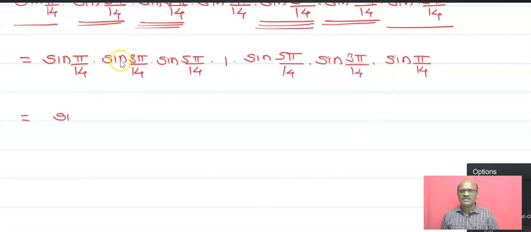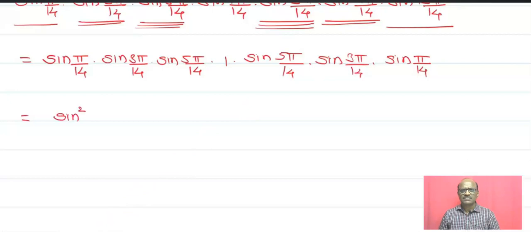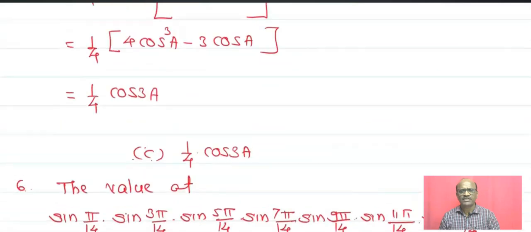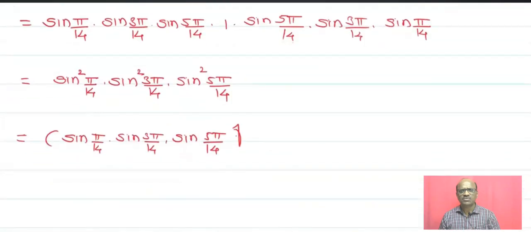Last and first, second and second last, and third, this is the fifth value. Now see this here: sine square pi by 14, sine square 3 pi by 14, sine square 5 pi by 14, and that's why you will get sine of pi by 14 into sine of 3 pi by 14 into sine of 5 pi by 14, and it's a whole square.